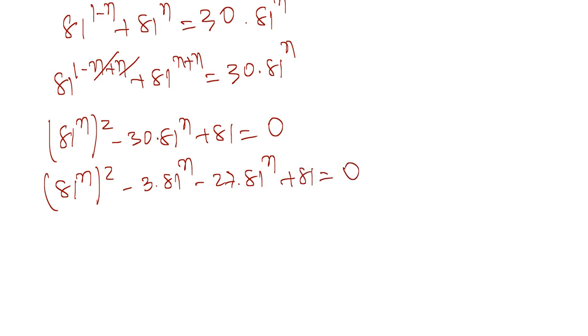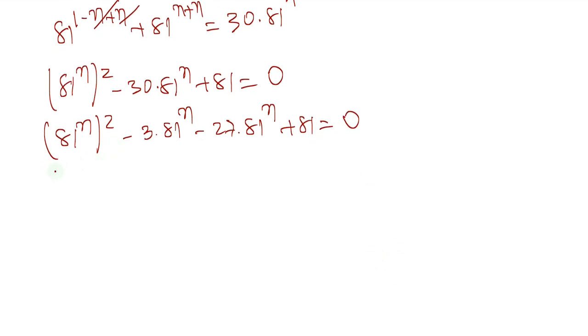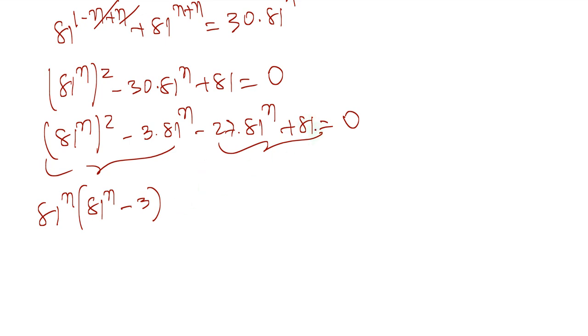So we get then now this, and then we're going to factor this 2 and this 2. From here we have the common term is 81 to the n, which multiplies 81 to the n minus 3. And then the other one, 81 is 27 times 3.